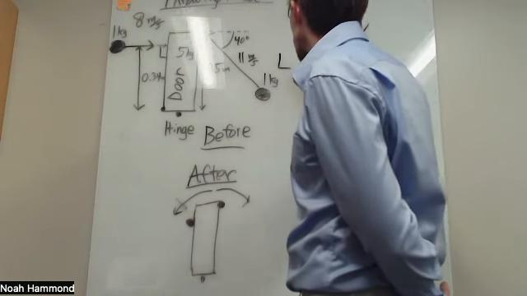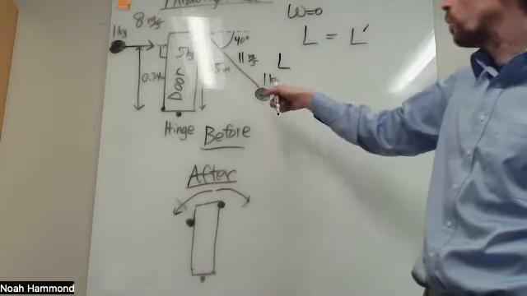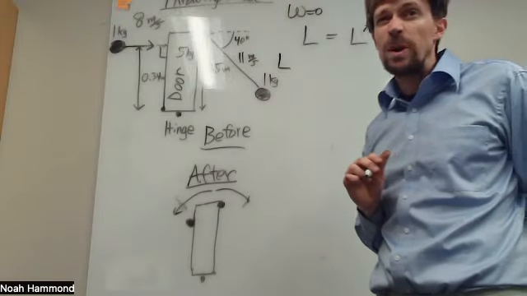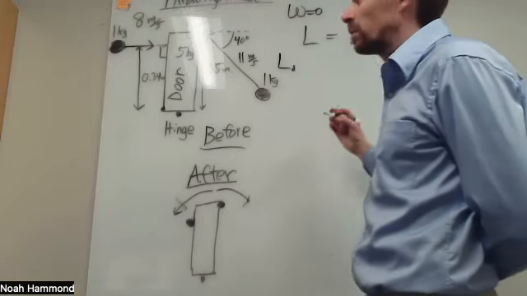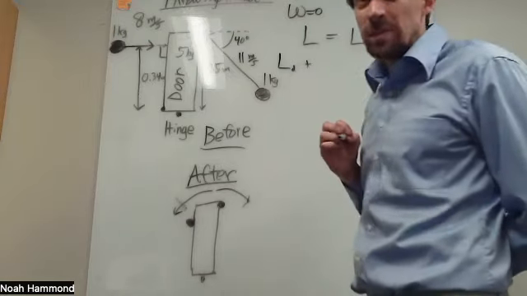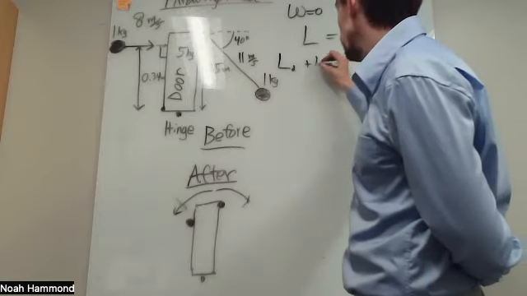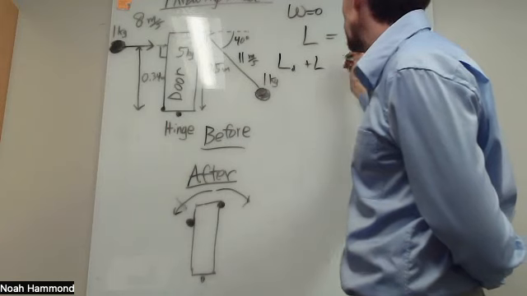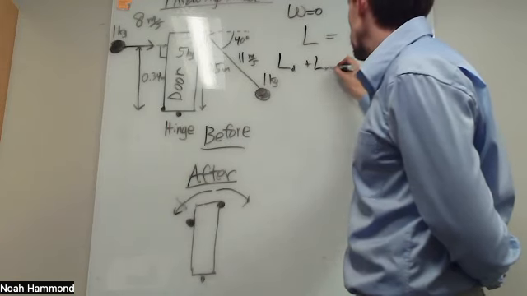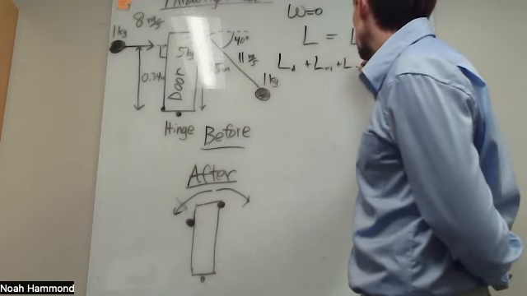So we want the angular momentum for before. You can have 3 different angular momentums to think about: the angular momentum of the door and the angular momentum of the 2 different mud balls. So we'll do mud ball 1 and mud ball 2.